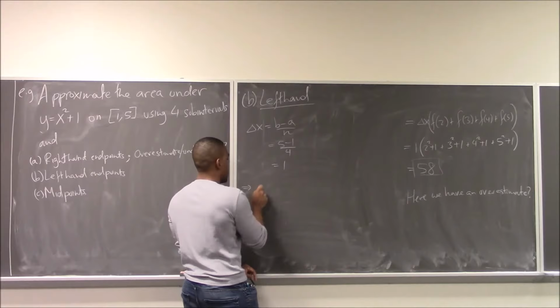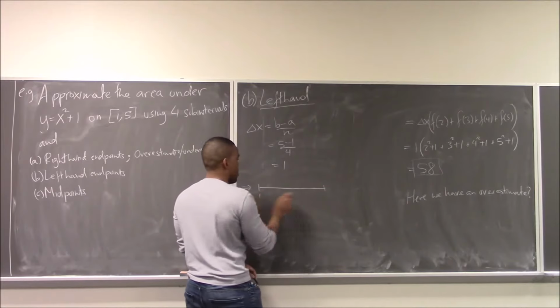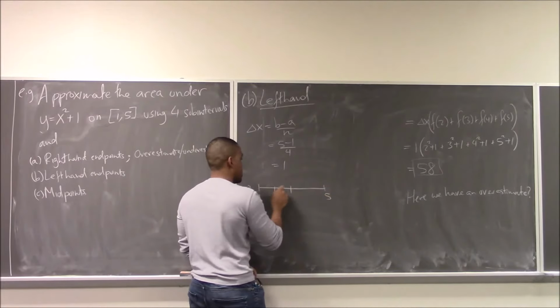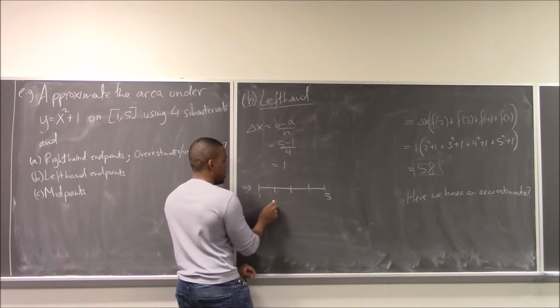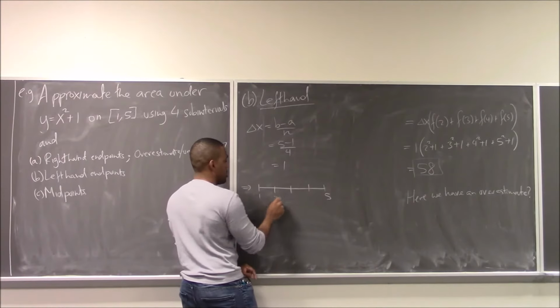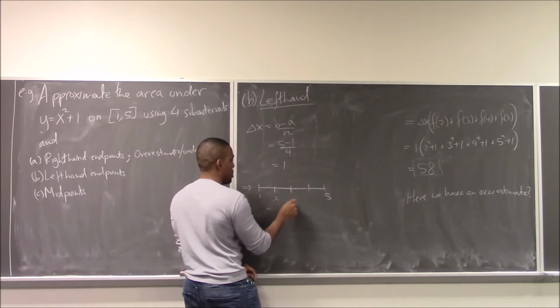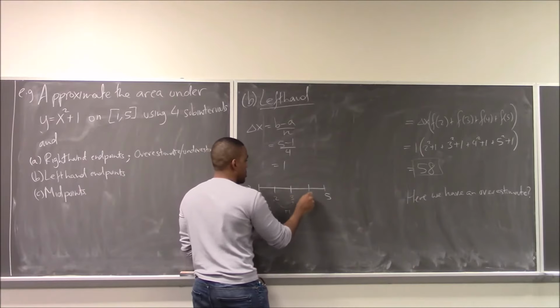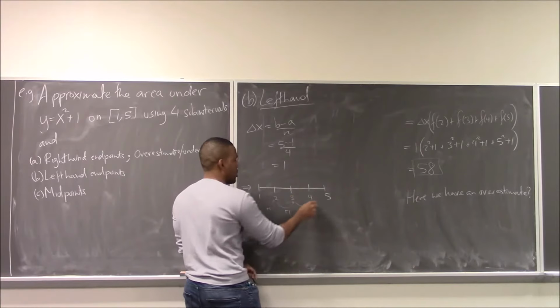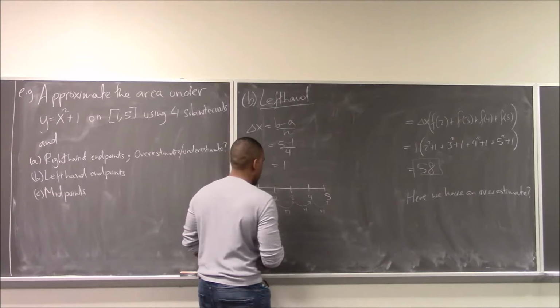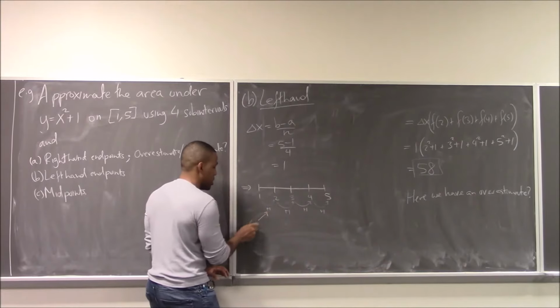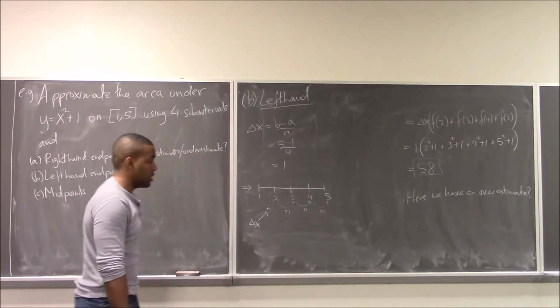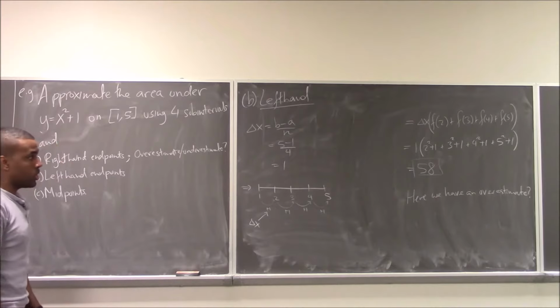So this means my interval breaks up like this, where I take this and plus 1 gives me 2, plus 1 gives me 3, plus 1 gives me 4, and of course plus 1 gives me 5, where this plus 1 is your delta x that I keep adding. So that gives me the interval that I care about.